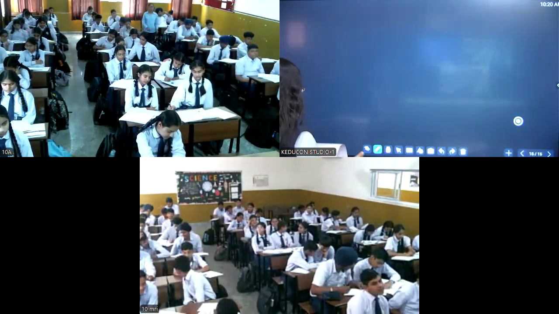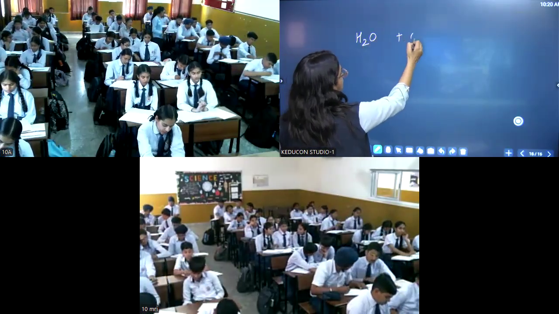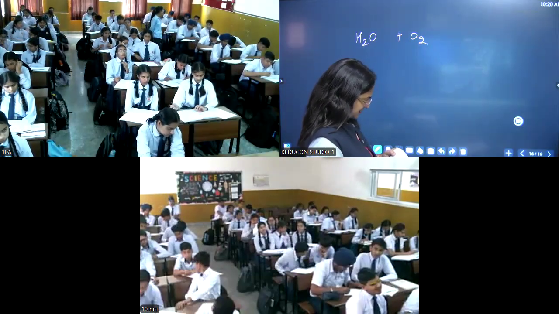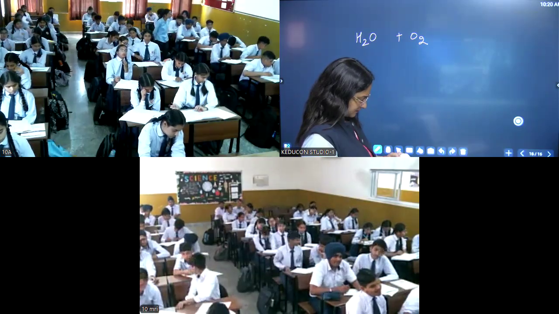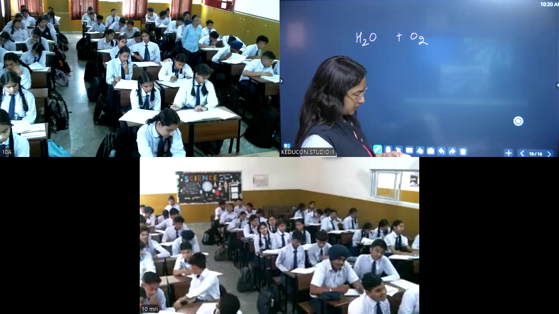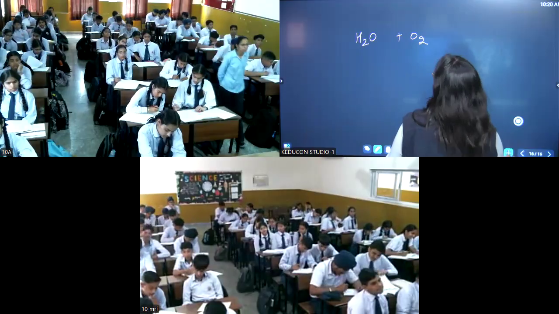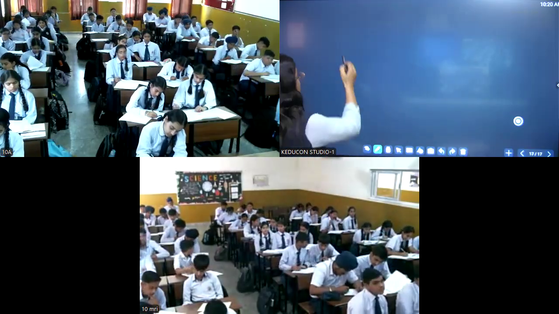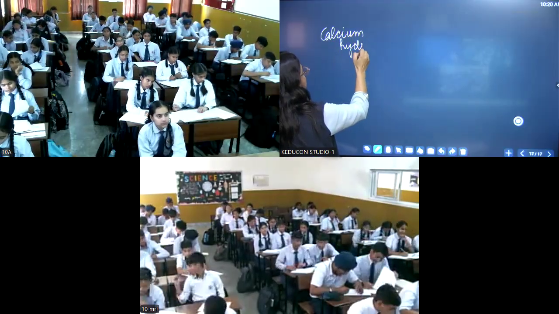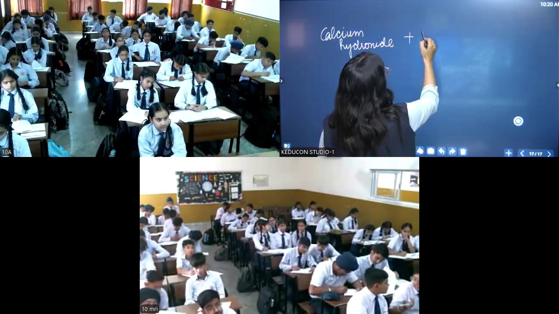Coming to the next one, this says water reacts with oxygen. Water is H2O. And this has a second part also. Seventh, we have missed the seventh. So this is calcium hydroxide and nitric acid.